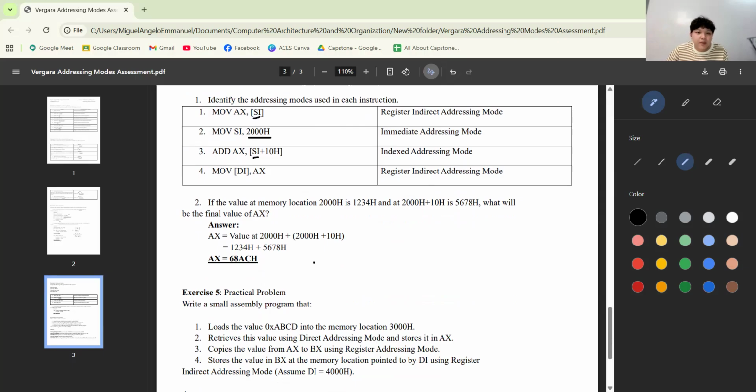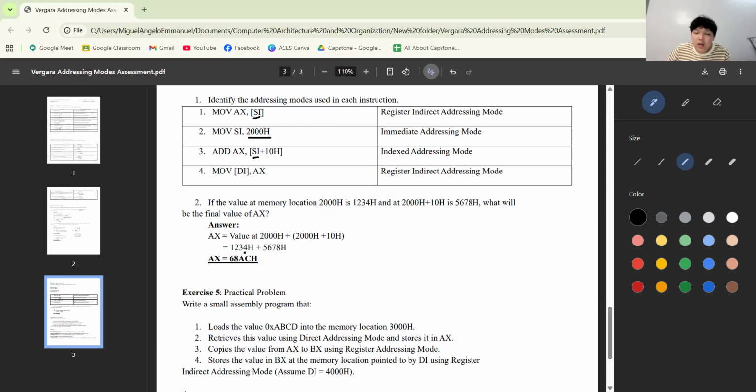For number 2, if the value at memory location 2000H is 1234H, and at 2000H plus 10H is 5678H, what will be the final value of AX? So for our AX, we have the value at 2000H plus the value at 2000H plus 10H. So we substitute.